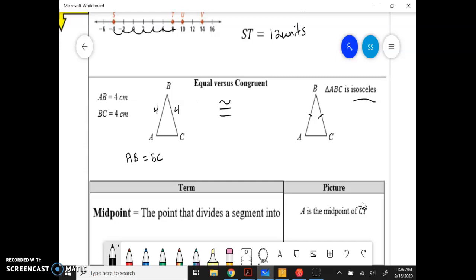But we just know that they're the same. So because we know that, we're going to say that AB is congruent to BC. Okay, that's a bad. Let me try that again. It's congruent to BC. So we don't know the exact measurement, but we just know it's the same. Okay, hopefully that makes sense.